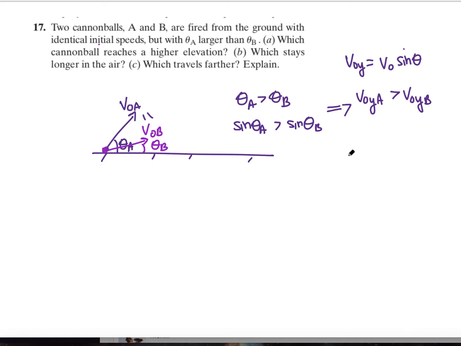So which one reaches the highest elevation? Well, we figure out elevation based off of this formula. It's the third kinematic equation, if you recall, and we're looking for delta y.